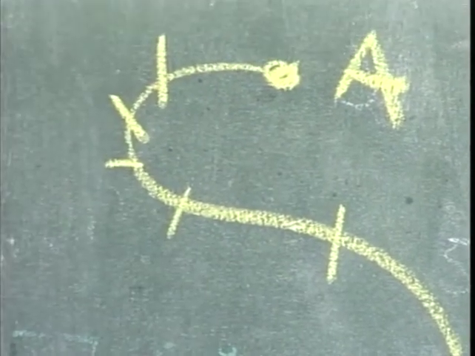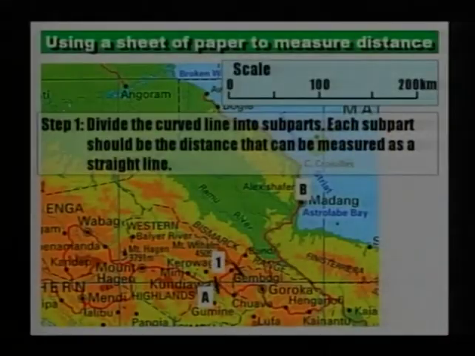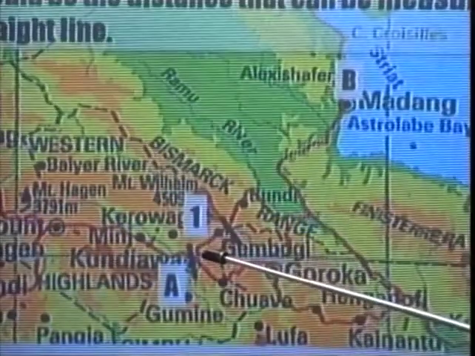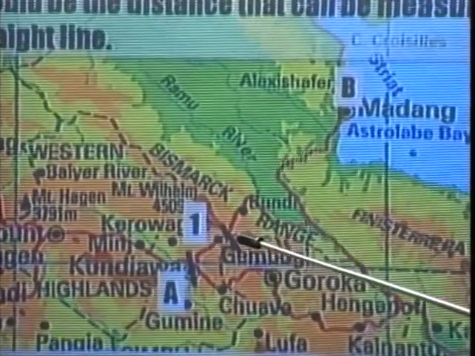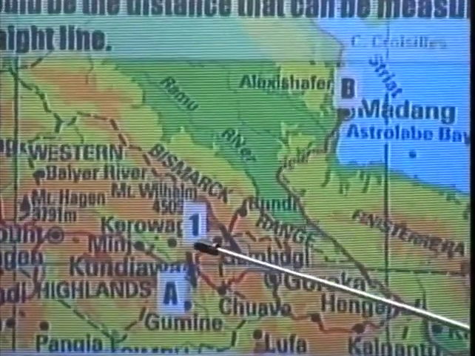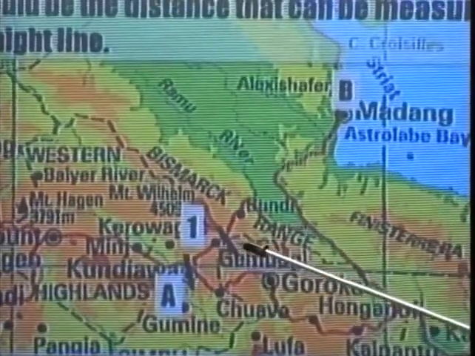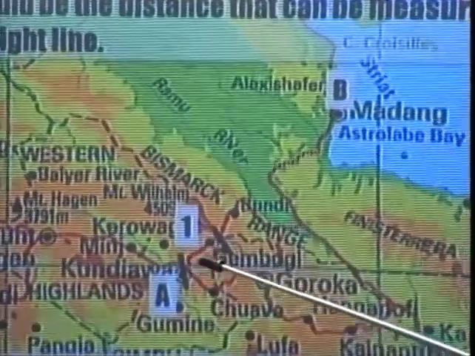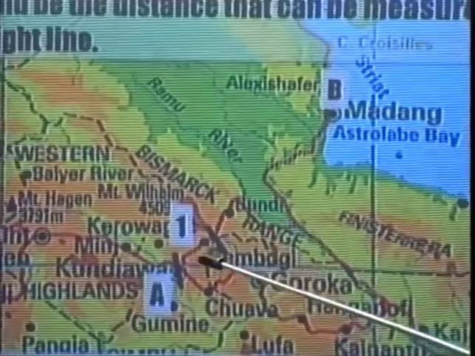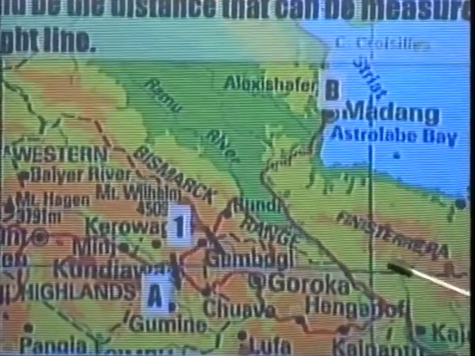So in the example on the monitor, we are looking at going from A all the way perhaps to B. When I go from A to B following the road, I then start dividing into what I call subparts. The first number given there, number 1, shows me the first section which I have divided if I had to follow the road from here and then go all the way up to Medang.